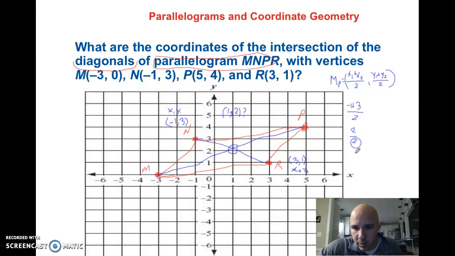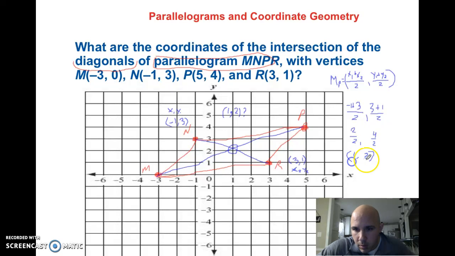Just looking at my x's, it's going to be 1. And then for my y values, I have 3 plus 1. So I'll add those up. 3 plus 1 is 4. 4 divided by 2 is 2.